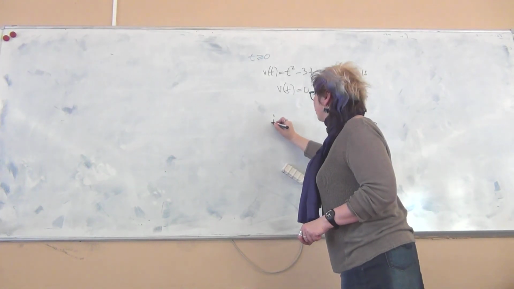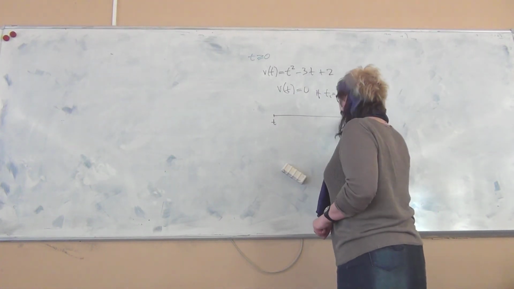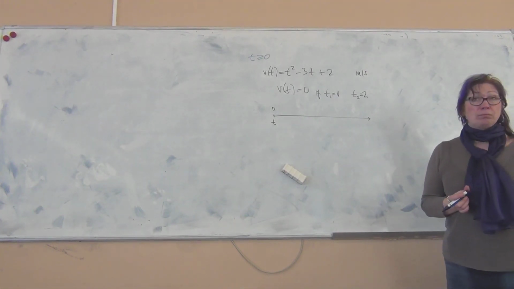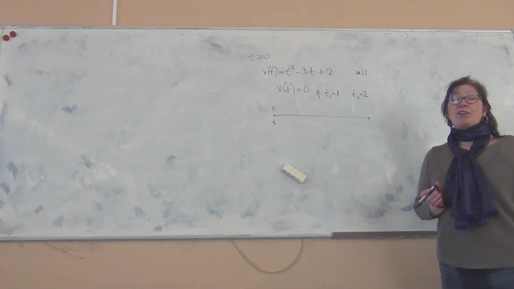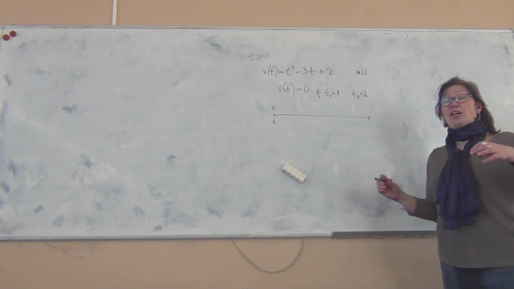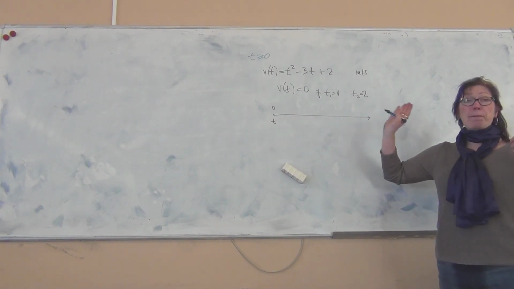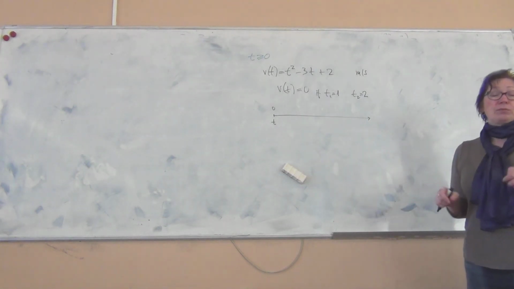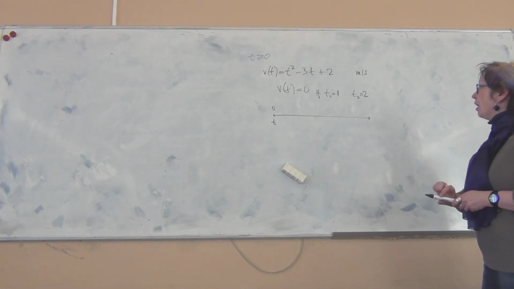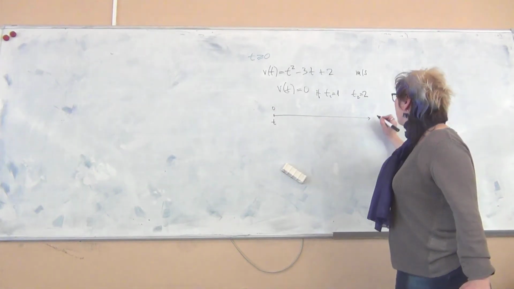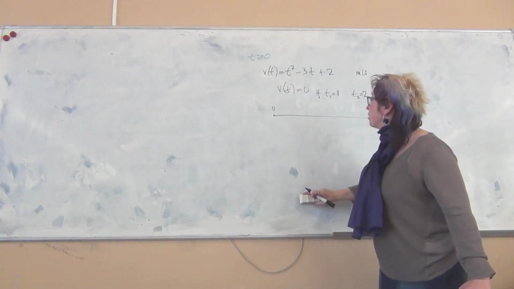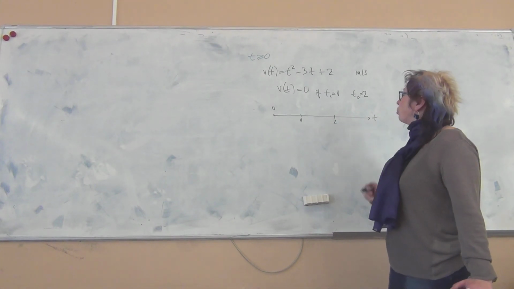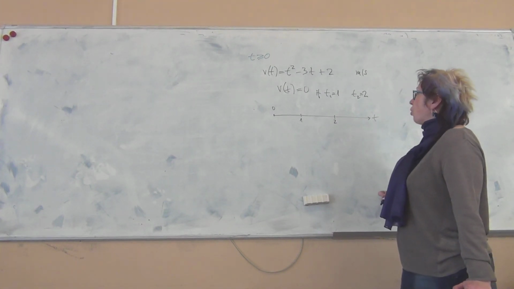Remember that time starts at zero. We can't have negative time because if the movement begins at time zero, then before that, nothing is of interest to us. So this is the time axis. At the time moments 1 and 2, the velocity is zero.